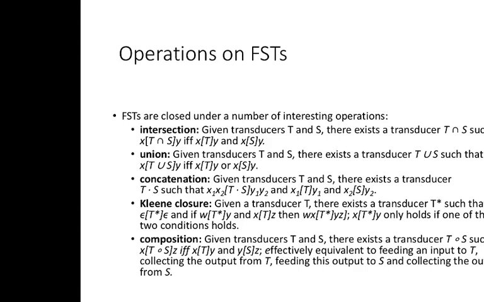So, Kleene closure is a unary operation. So you take a transducer T and you get T star, such that you have an empty string before and after T star.